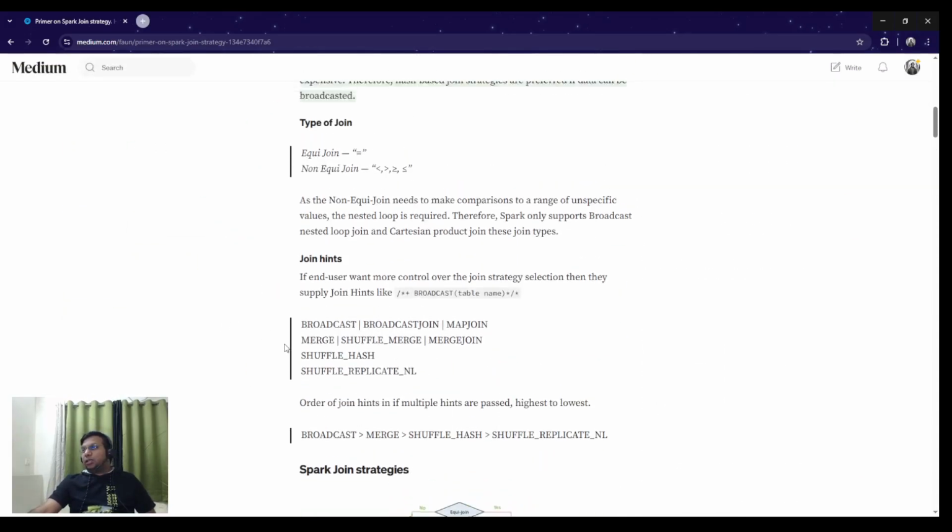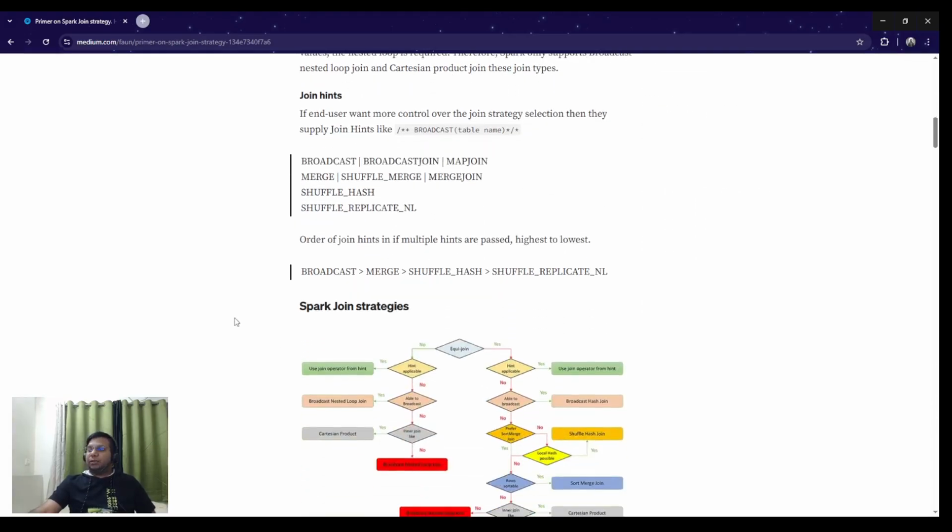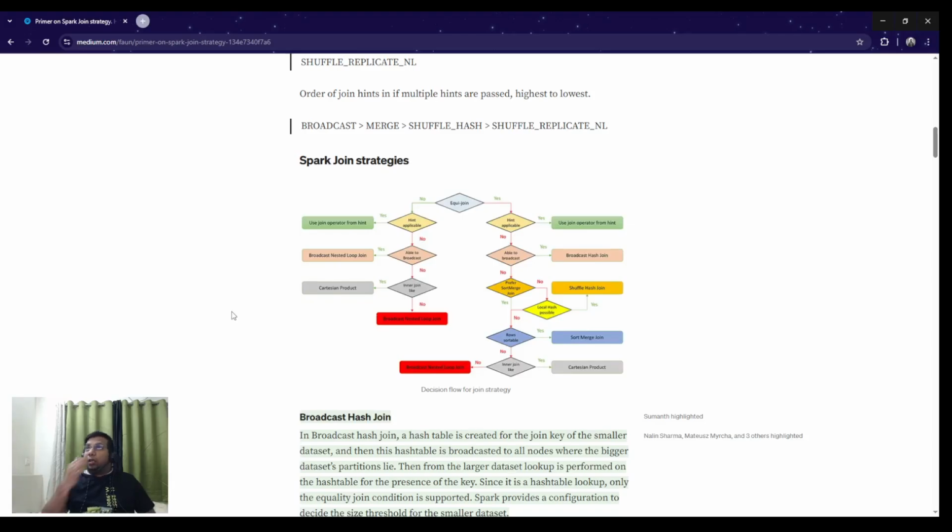There are a few caveats to broadcast when we have AQE enabled. So one is that if you have, let's say, a left join, and you have also given a hint that you want to do the broadcast. In left joins, Spark always does a broadcast of the table which is on the right side.